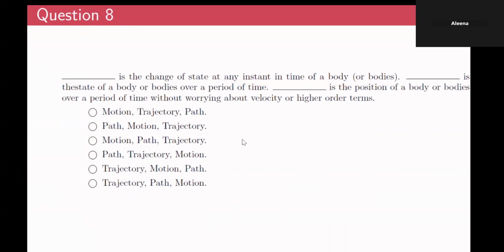So like if a body is in a state at time t equal to 1, and if the body changes its state at time t equals t plus 1, a mere change in state, we would call that motion. Motion is the change of state at any instant of time of a body or bodies.